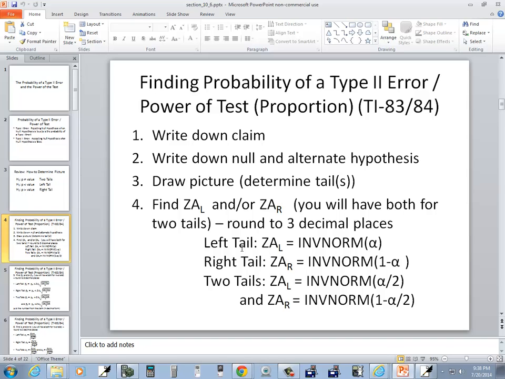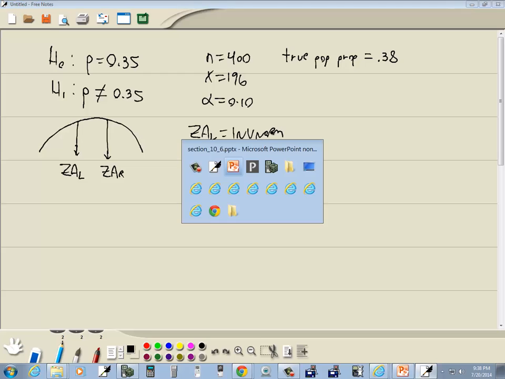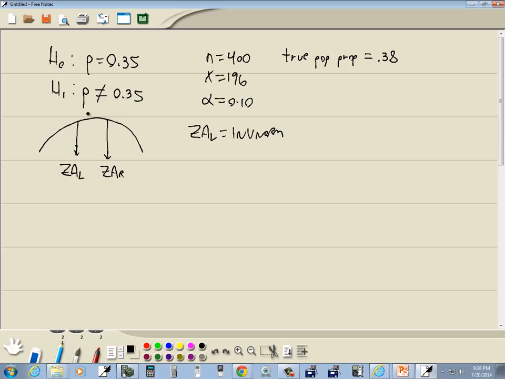Okay, so ZA sub L is going to equal INV norm, and we need to figure out how much to put in here. Well, if they tell us alpha is 10%, alpha is how much you split in your tails. I got 2 tails, so I'll put 5% in each tail, and together those add up to my 10%. Now, if 10% is in the tails, that means 90% is in the main body.